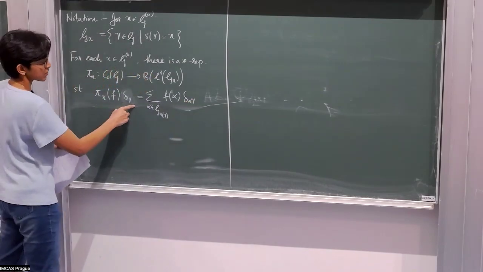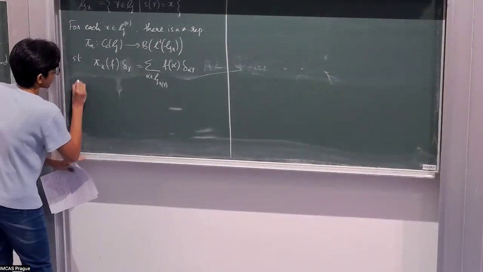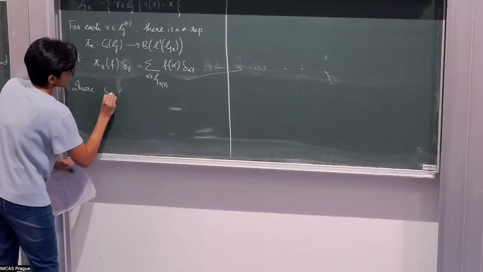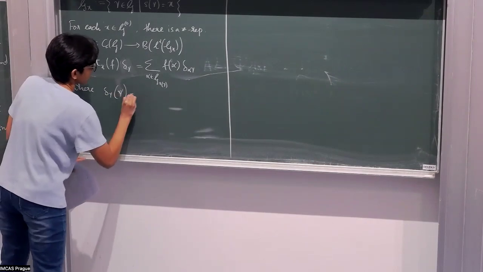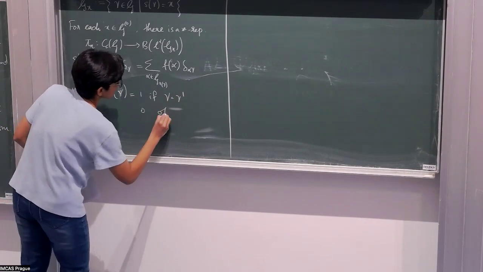So this operates as shift operators. This is just the delta function, where delta gamma of gamma prime equals 1 if gamma equals gamma prime and 0 otherwise.